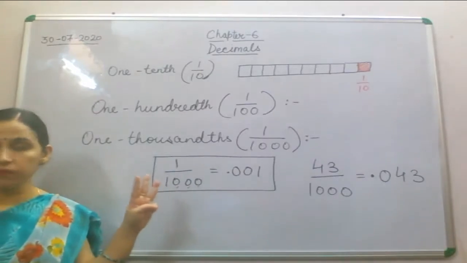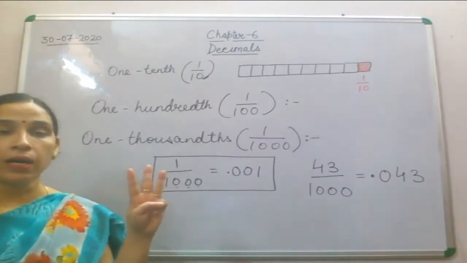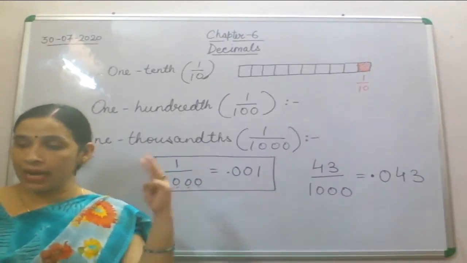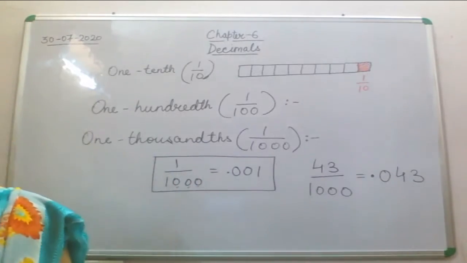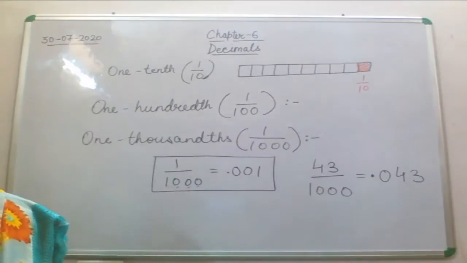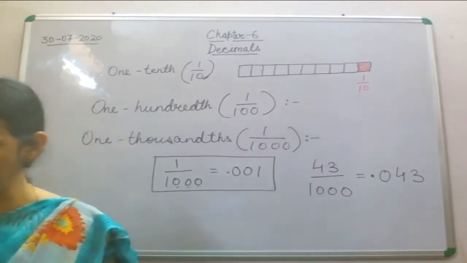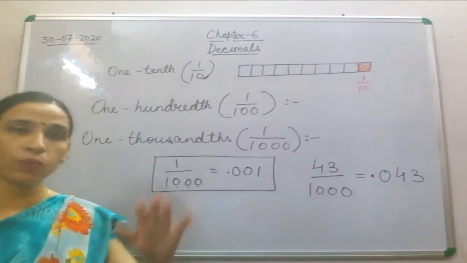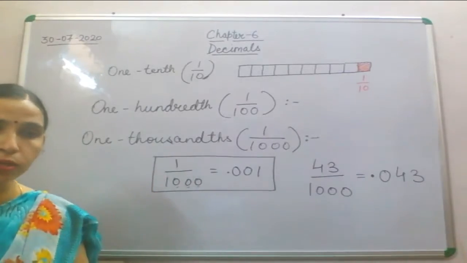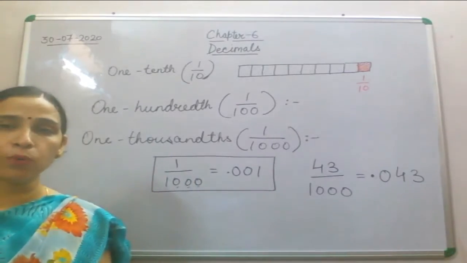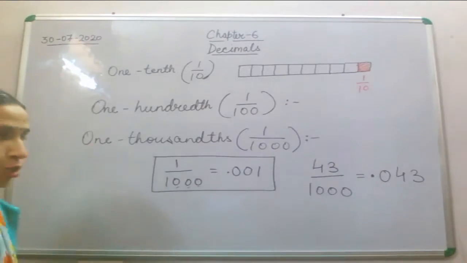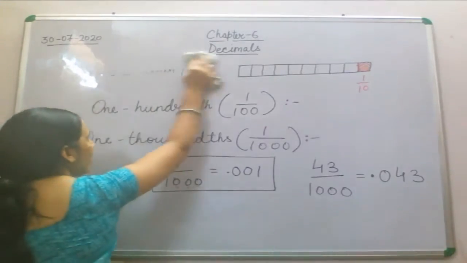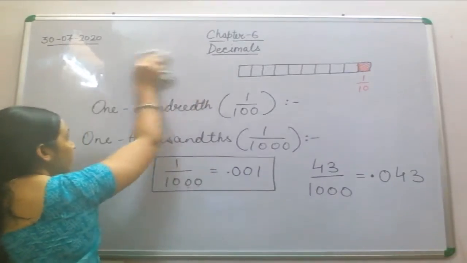So now children, we are going to take whole numbers and decimal parts combined. We'll take examples in which we have some 1/10th or 1/100th part along with the whole part, which is called a mixed fraction.